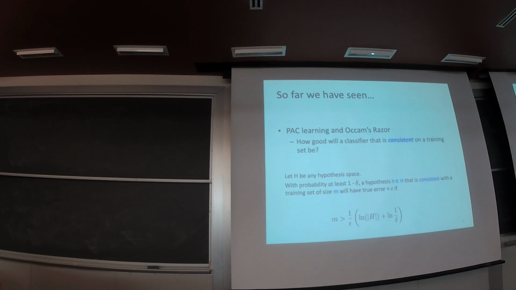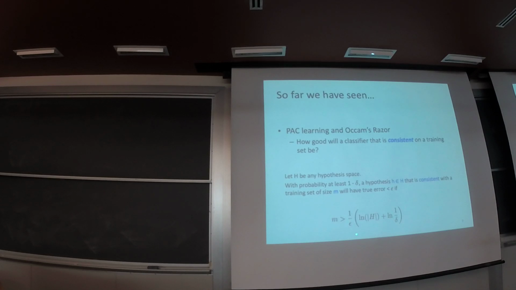So let's review this conclusion again. Right? So when your learning algorithm chooses a hypothesis space H and is powerful, in that for whatever training data, you can always find a hypothesis with zero training error, then we can guarantee with probability at least 1 minus delta, the true error of your learned hypothesis is less than epsilon if the number of training examples is bigger than this bound.